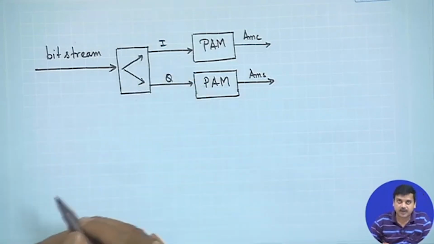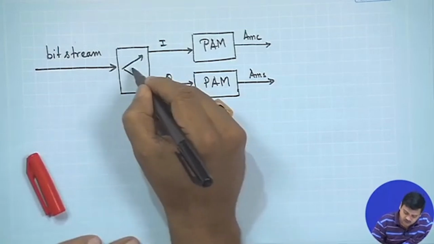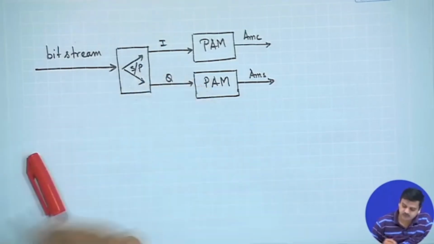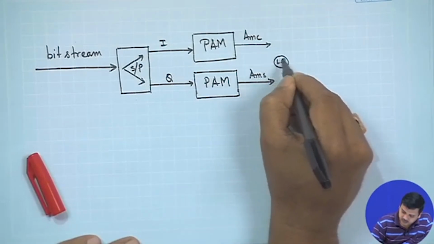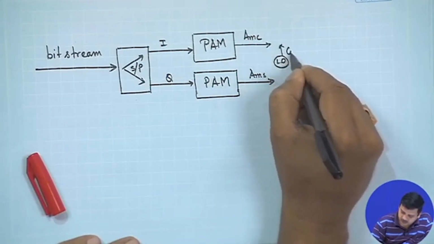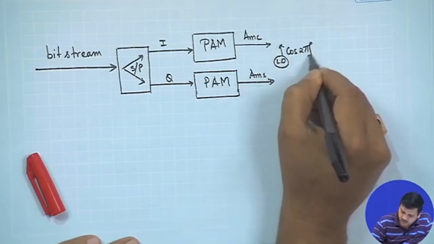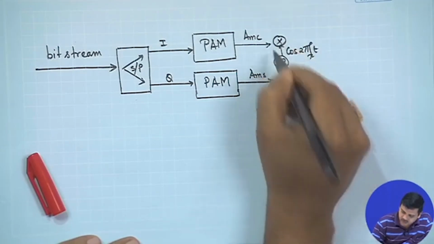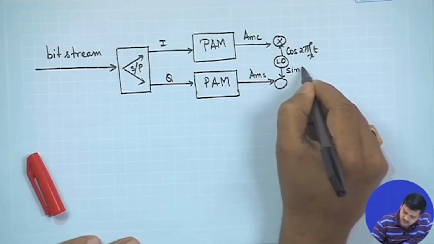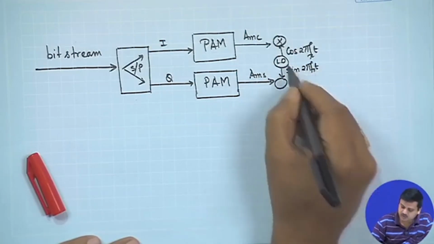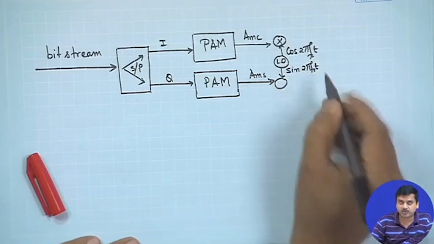It is serial to parallel conversion you can think of, right, and then there is a local oscillator which sends cos 2 pi f c t, and there is a multiplier, and which sends a sine 2 pi f c t. This could be generated by passing this through a Hilbert transform.